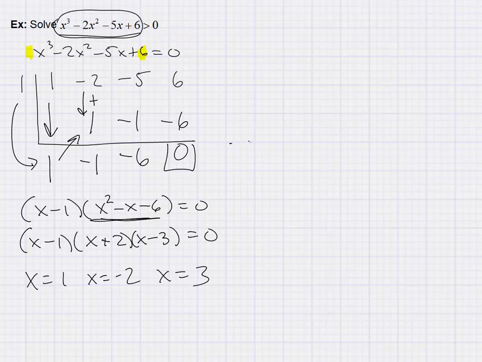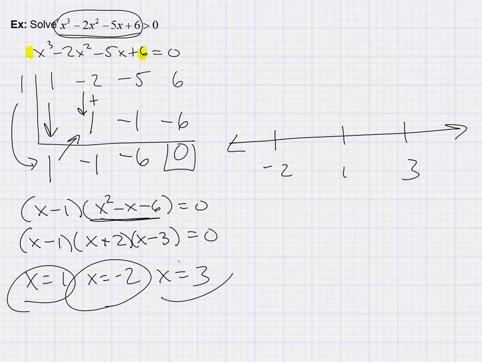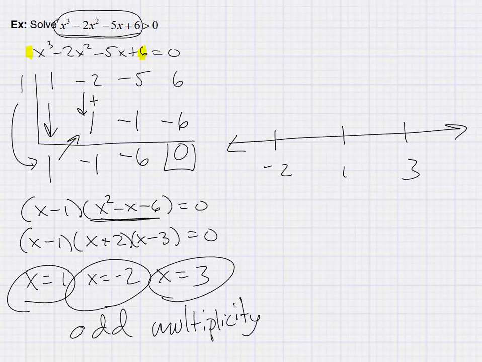So I'm going to graph those on a number line. Okay, I get negative 2, 1, 3. The multiplicity for each one of these zeros is 1. Odd multiplicity, which means I should cut through the x-axis for each one of these zeros, if I think of them as x-intercepts.